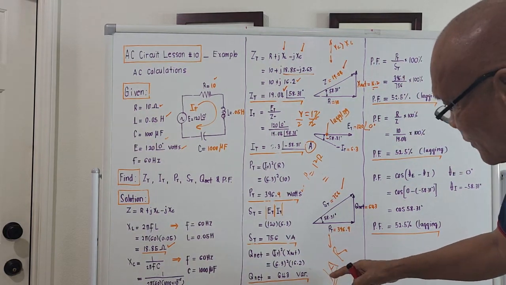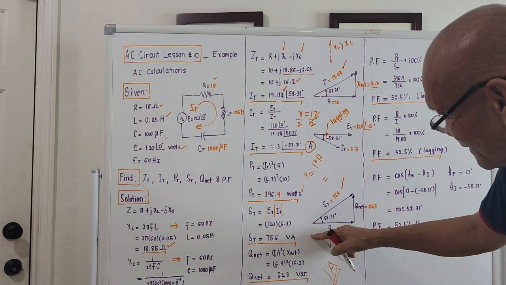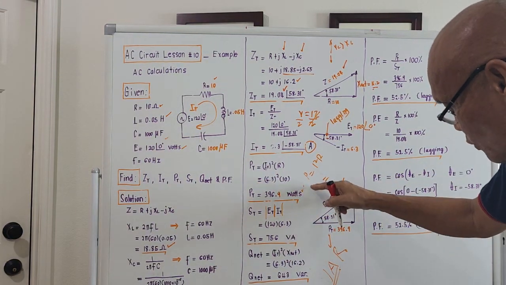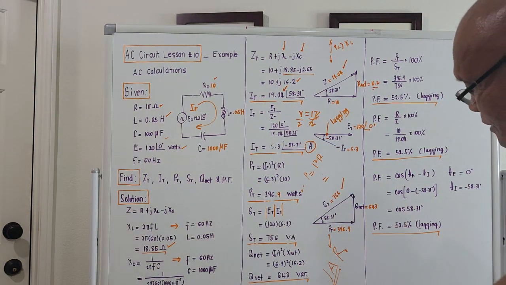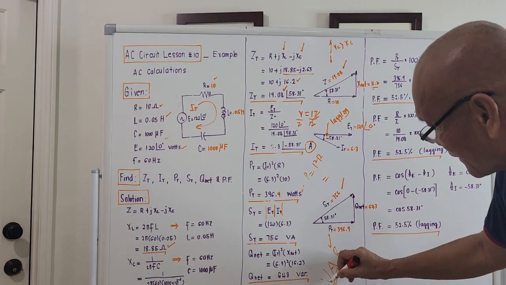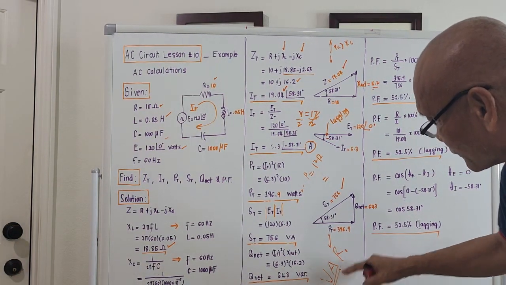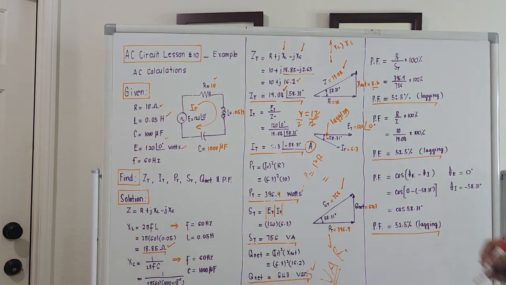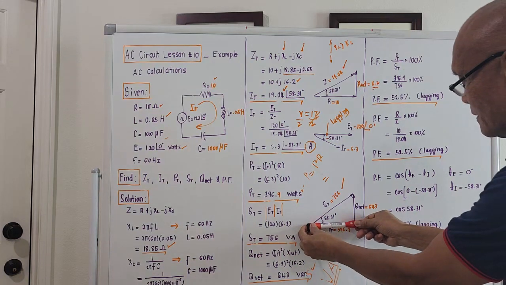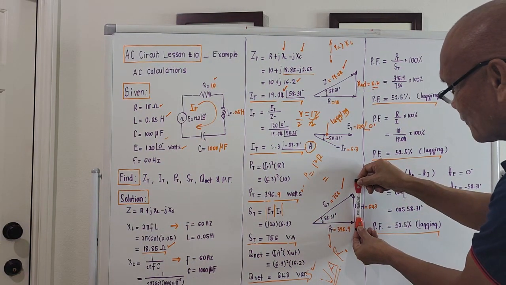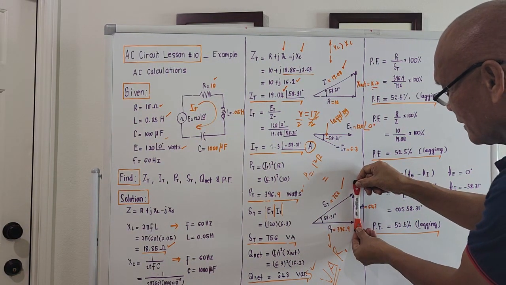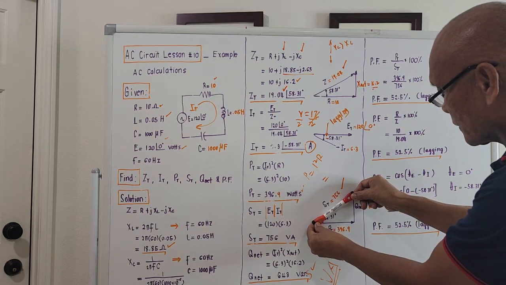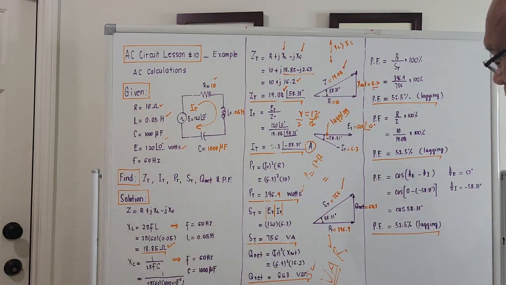The total apparent power is just volt ampere. And the total true power is just watts. But for Q net, it should be var, okay, reactive volt ampere. That's why the unit is vars. And if we try to bring out the power triangle, this is the true power, this is the reactive power with the unit vars, and this is the total apparent power with the unit volt ampere.